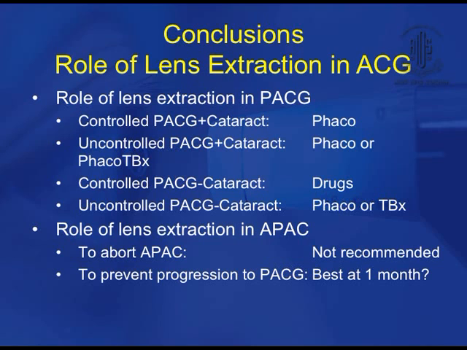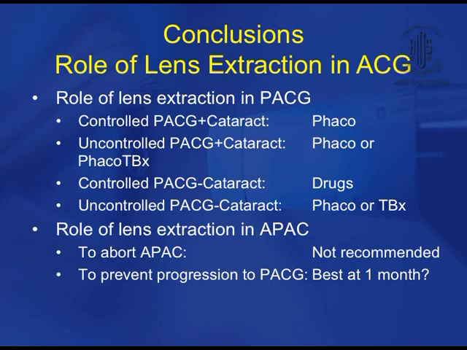Now, with this final slide, I try to summarize the role of lens extraction in various situations of PACG. When it is medically controlled PACG combined with cataract, I would be inclined towards performing cataract extraction. When it is medically uncontrolled PACG with cataract, I will be doing either phaco or combined surgery depending on patient factors.